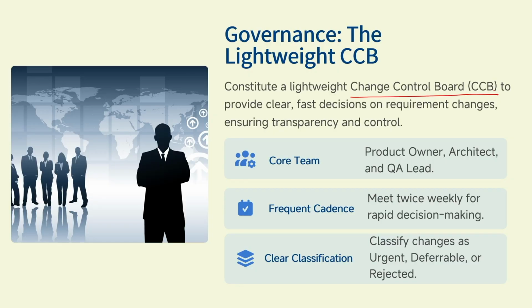So who actually checks for this change request? Okay, so there is a team called the Change Control Board, CCB. They will be experienced and have very good domain knowledge with respect to this project, and they provide clear, fast decisions on requirements change.